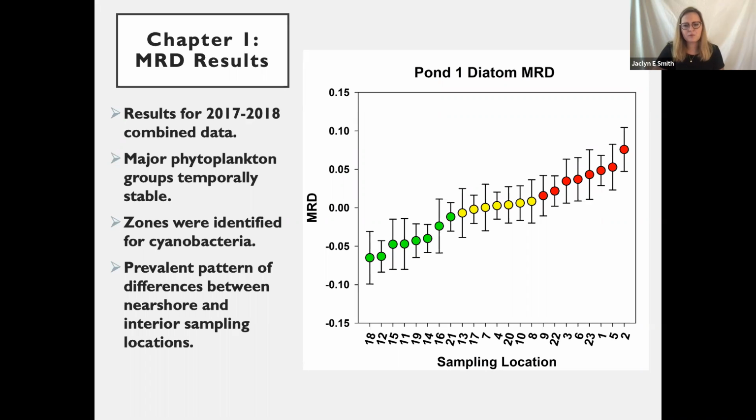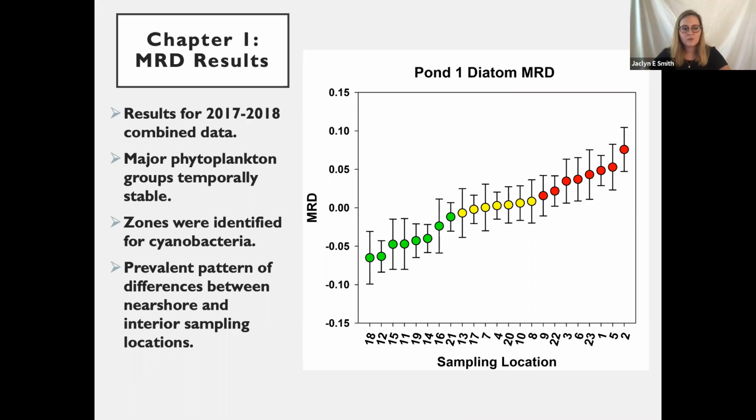The temporal stability was also assessed by using the size of the error bars. The larger the error bar for a location, the less stable that location is. And the smaller the error bar, the more stable that location is across a season or across years. All of this was done for 2017, 2018, and then we also combined both years into a 2017-2018 data set.